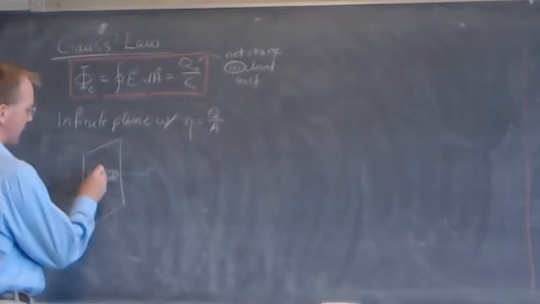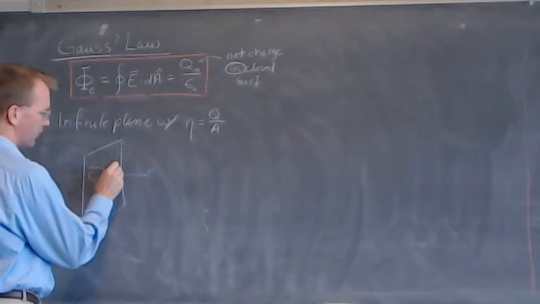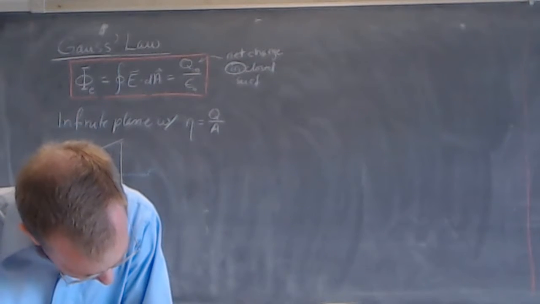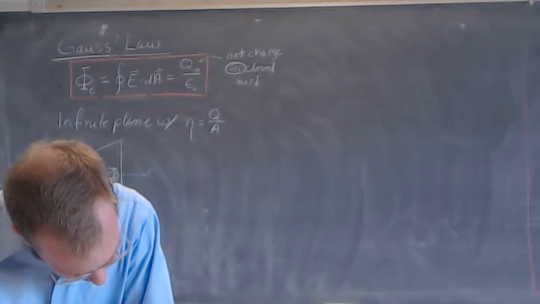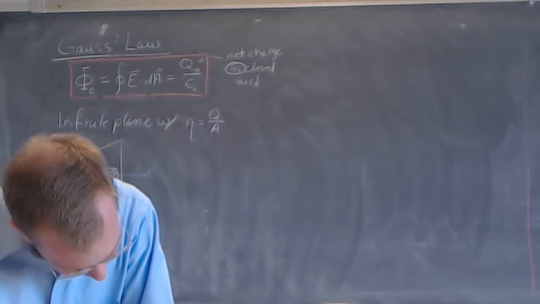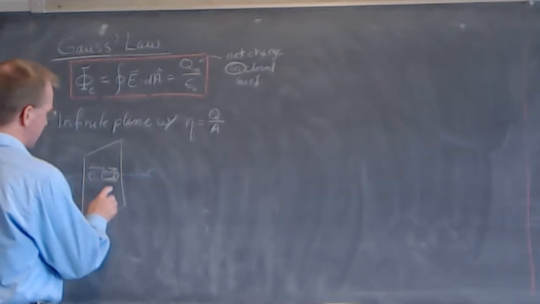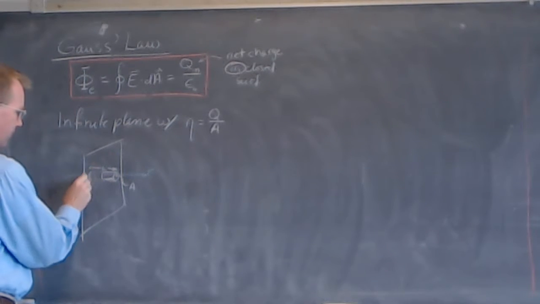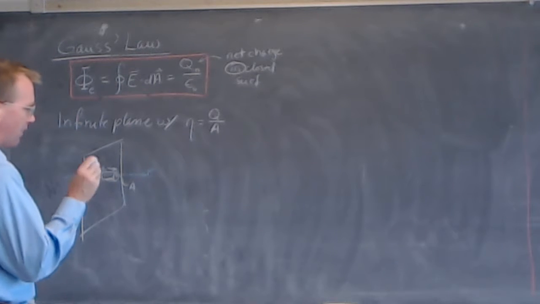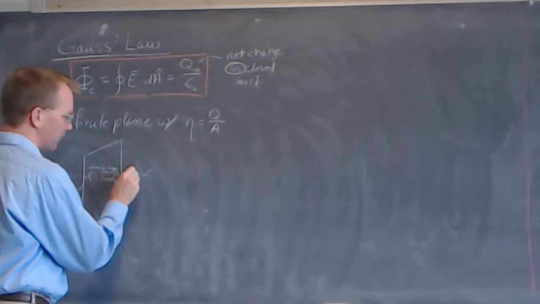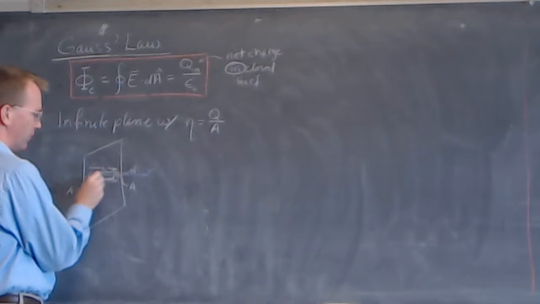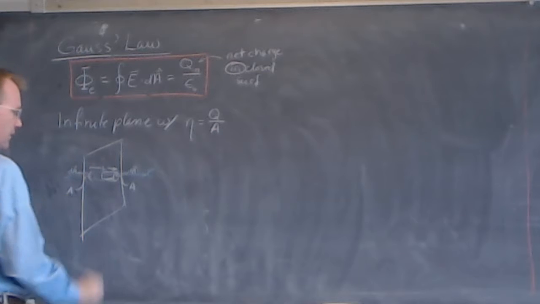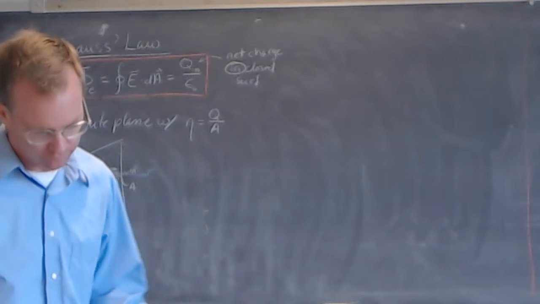It's going to have a total length, that cylinder will have total length capital L, and faces of area A. So the face of this cylinder has area A, and same there's an area A over here. Now keep in mind that dA points outward here to the right, and it points to the left over here. That's going to be important.